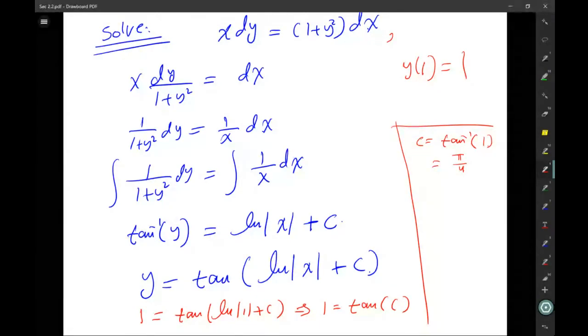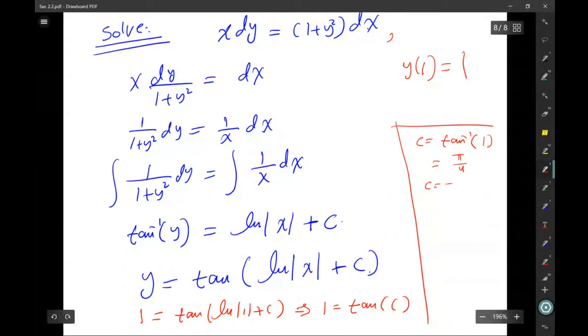So c equals pi over 4. Then here the solution becomes y is equal to tan of ln absolute x plus pi over 4.